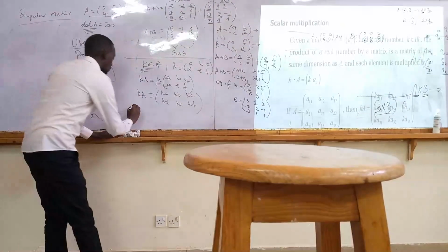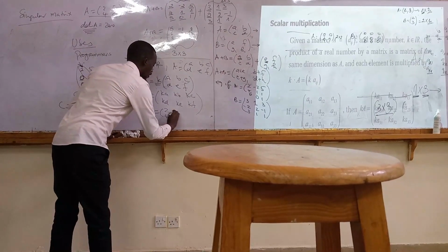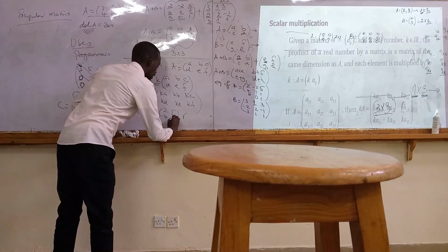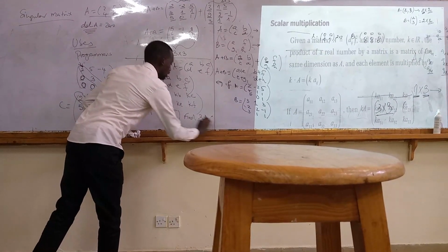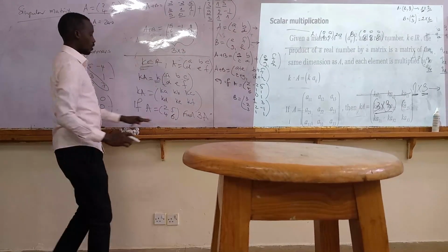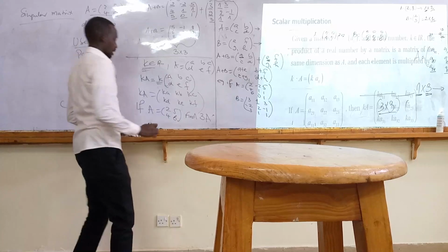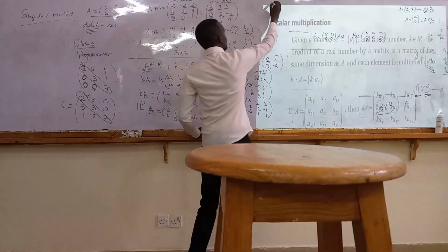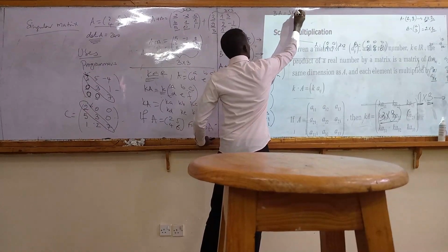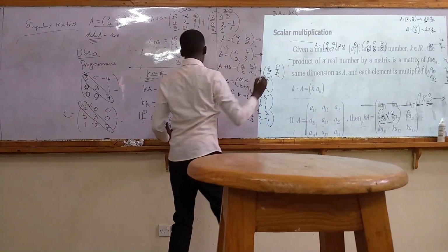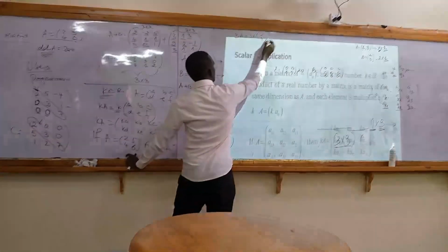When you take an example, if A equals 2, 5, 4, 6, find 3A. 3A means that you multiply 3 by our matrix A. That means that our 3A will be equal to 3 times our matrix, which is 2, 5, 4, 6.